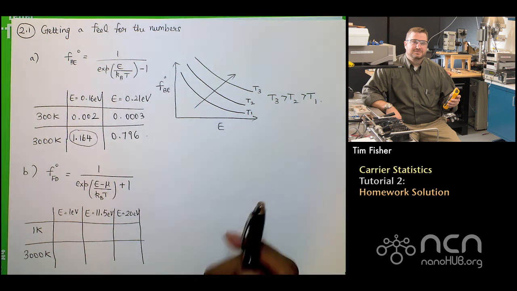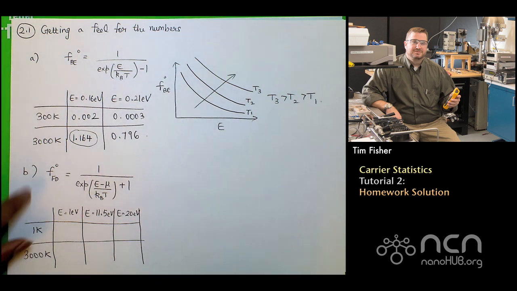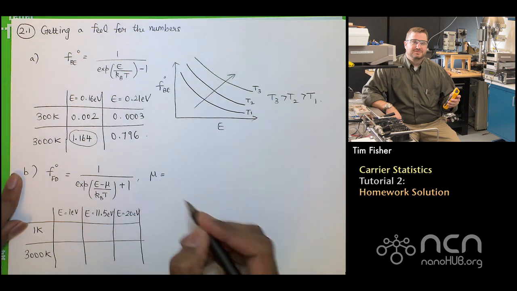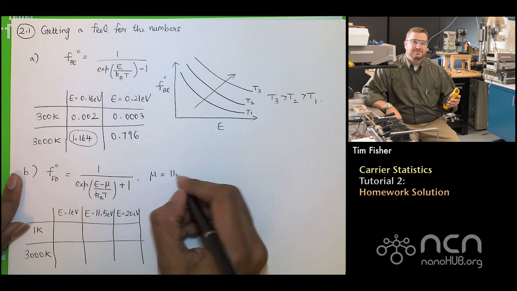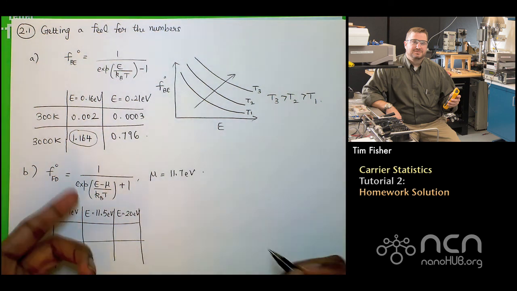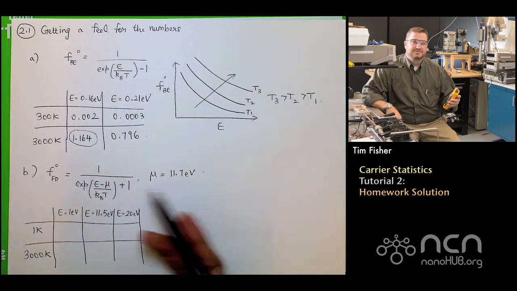Now moving on to part B, we are required to calculate the Fermi-Dirac distribution function for electrons in this case. So we basically consider aluminum in this problem, which has an electrochemical potential of 11.7 electron volt, and again the expression for the Fermi-Dirac distribution function is given here.